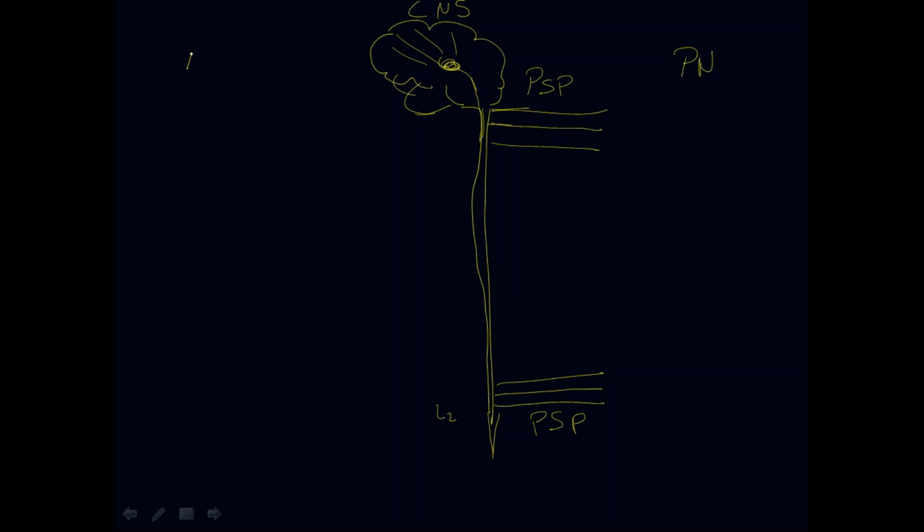So remember that we have one neuron going into the terminal axon, and then this neuron is going to communicate with another neuron through the dendrites, right? Terminal axon, dendrites.